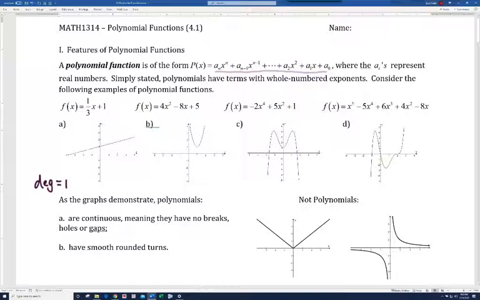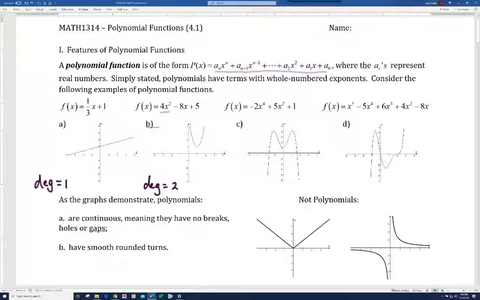If you look at B, that's an example of a quadratic function which has a degree of 2. We say 4x squared here is our leading term, and that dictates or determines our degree here. And by the way, you can see I've included the graphs with these as well, because there's some things we want to look at with polynomial functions.